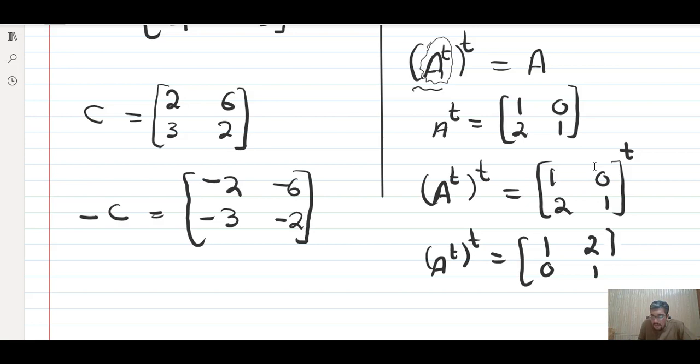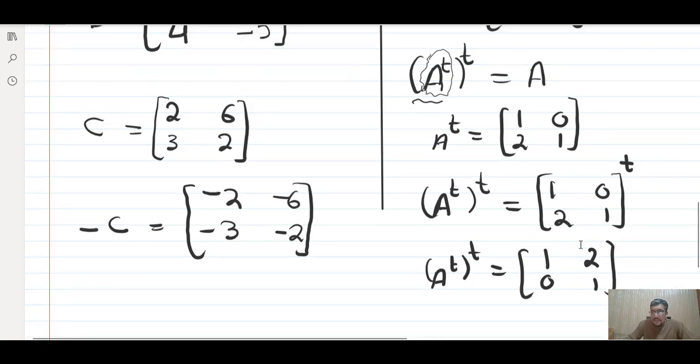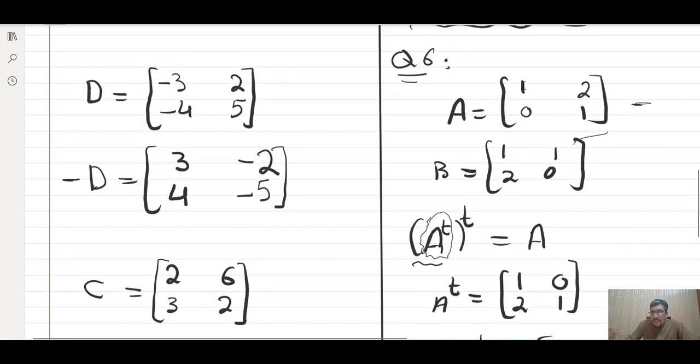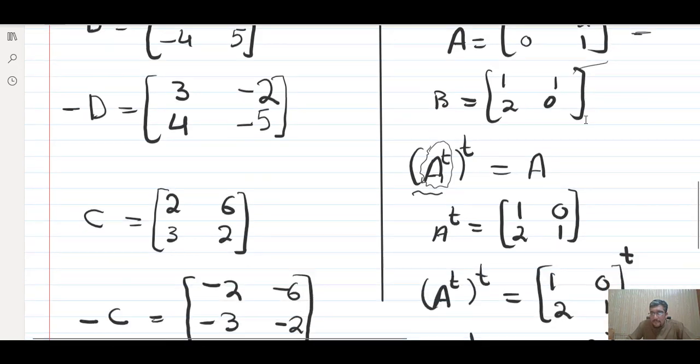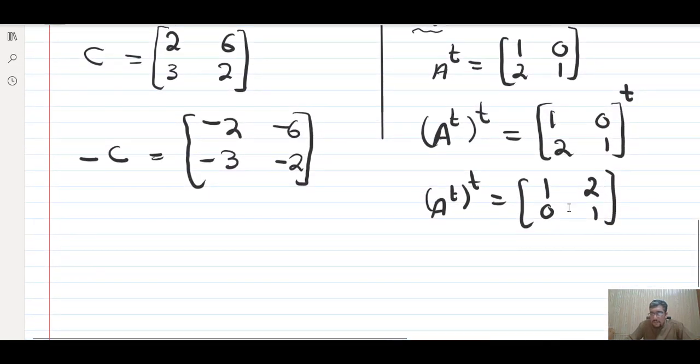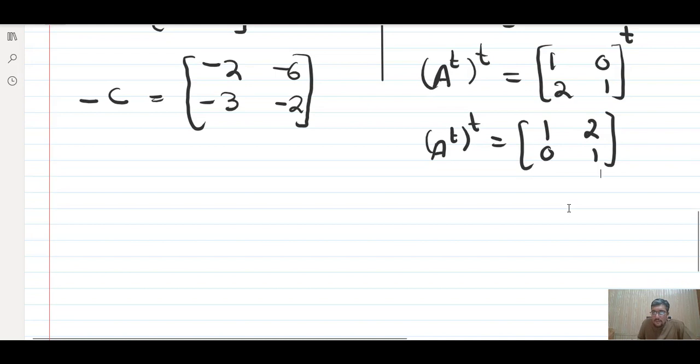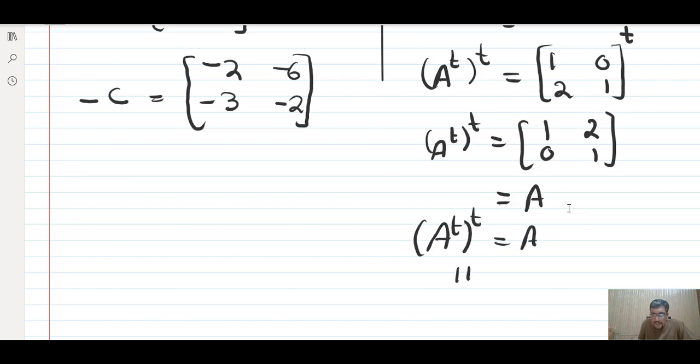In A we have the entries 1 2 0 1, which is equal to the A matrix. So A transpose of transpose is equal to A, and hence proved, or you can say hence verified.